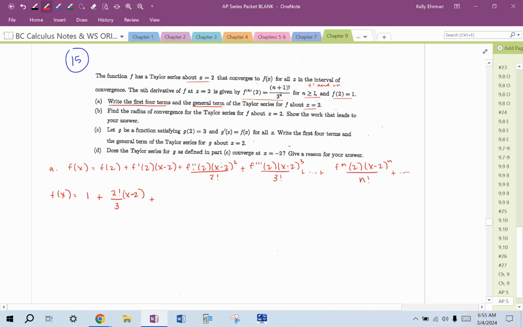When we plug in 2, we get 3 factorial over 27 times x minus 2 squared over 2 factorial. When we plug in 3, we get plus 4 factorial times x minus 2 to the third over 3 to the fourth, right? 81.